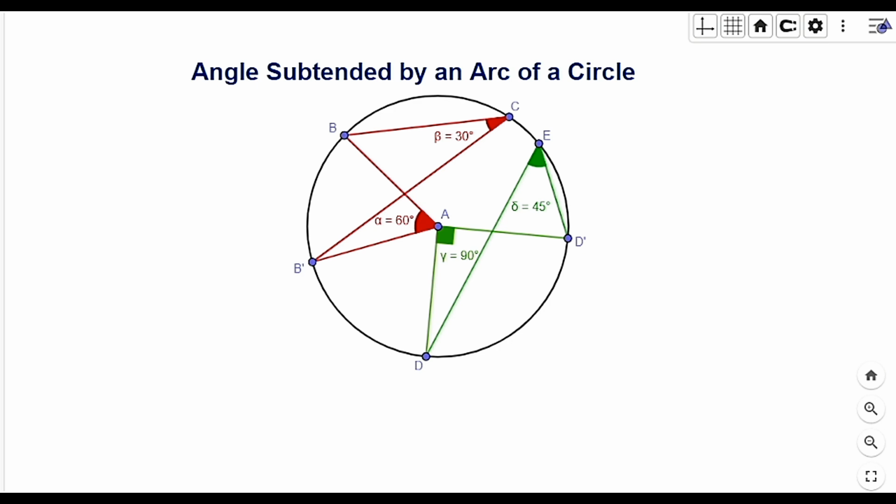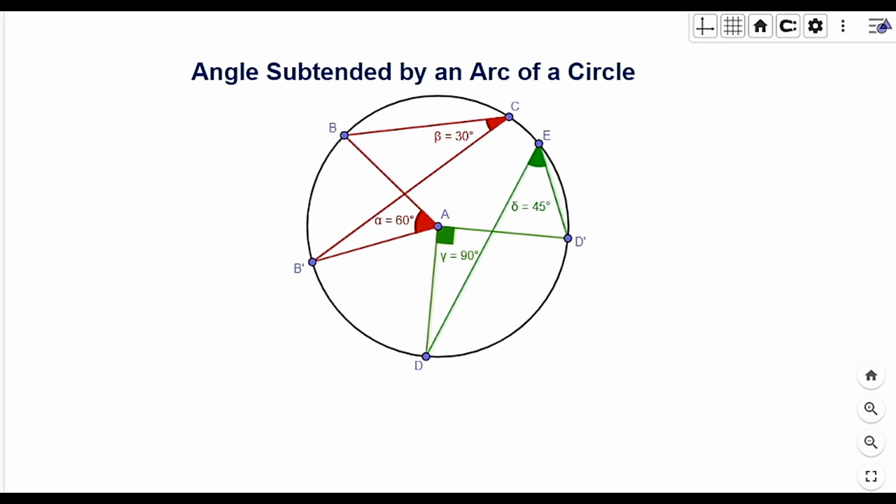Now the angle subtended at the center by the arc DD dash is 90 degree and the angle subtended by the same arc at the remaining part of the circumference is equal to 45 degree. Means once again the angle subtended by the arc D dash at the center is double of the angle subtended at the remaining part of the circumference.